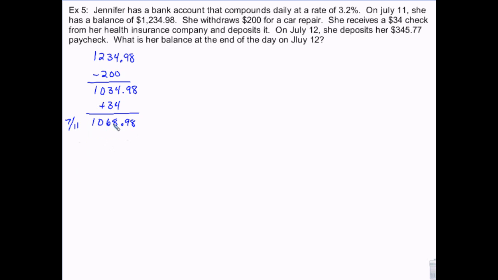So this will be the number that gets used for that daily compounding. The rate is 0.032, and it's 1 over 365. So that means we multiply these two and then divide by 365.